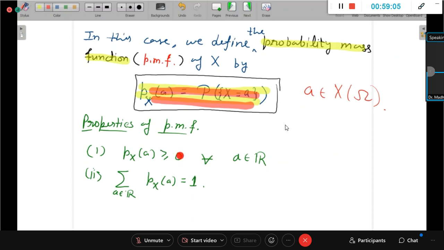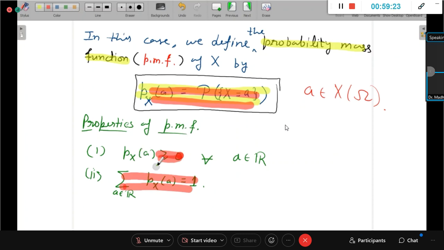This PMF has the following properties: non-negativity, and this is called the normality condition, that the total sum is equal to 1.